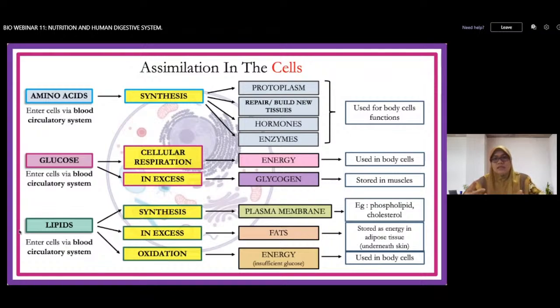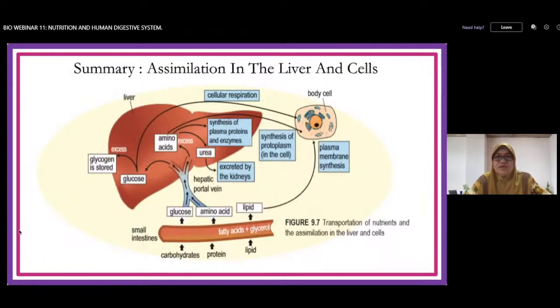Tapi dalam keadaan glukos yang tak mencukupi, dia akan convert balik lah fat tadi kepada glukos, and then it is used in the body cell. Okay, cepat sangat ke cikgu ni, harap kamu faham, okay.